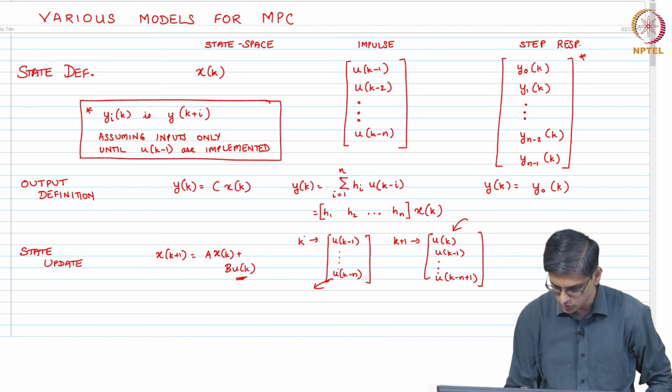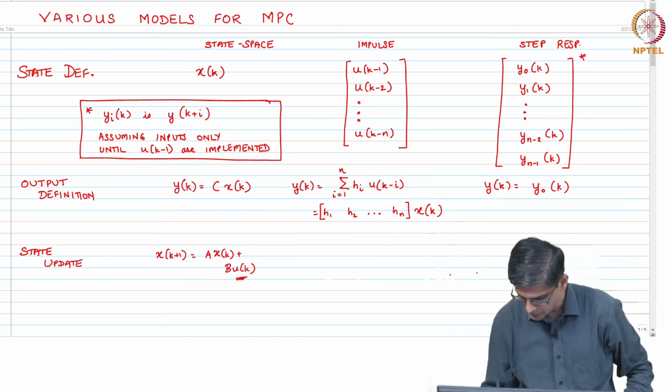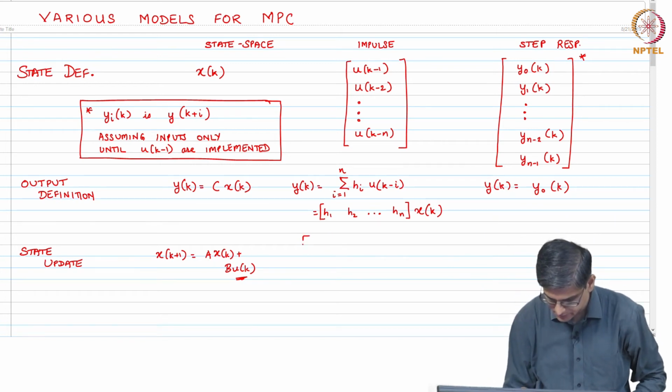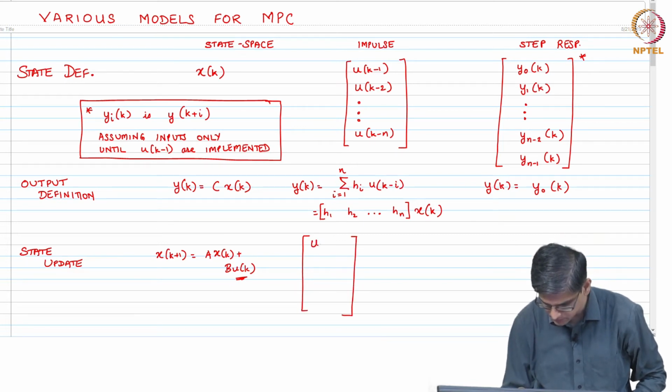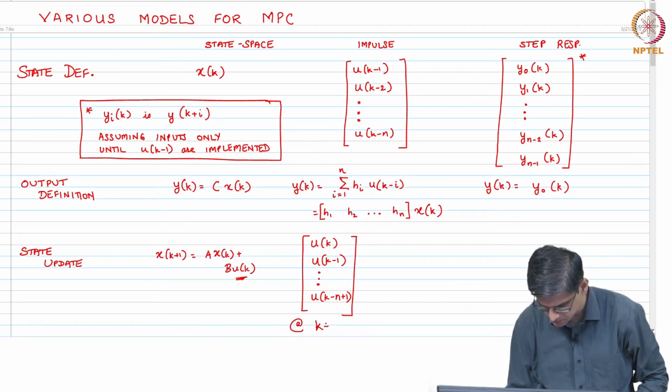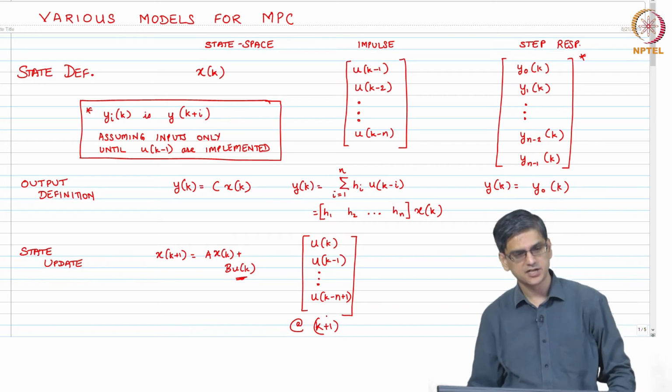So, how does the state update work? This is the state at k plus 1.